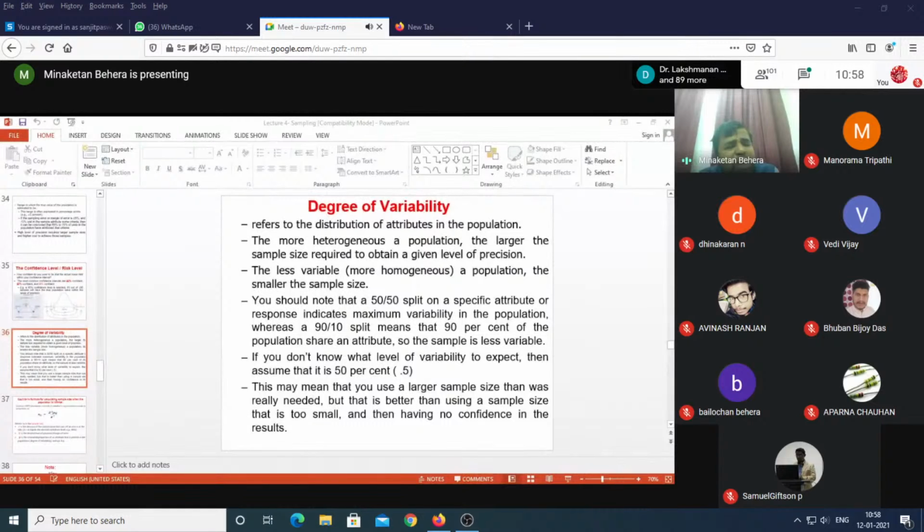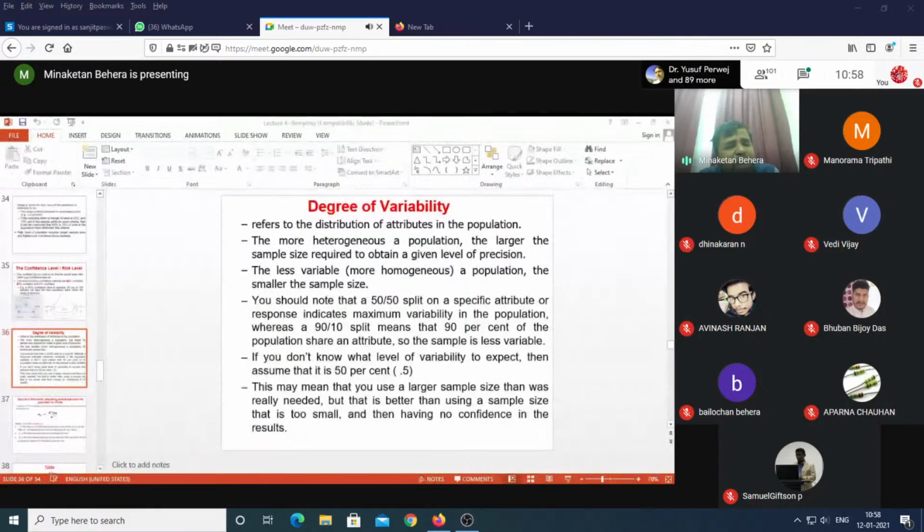Someone is asking about the difference between quota sampling and stratified random sampling.